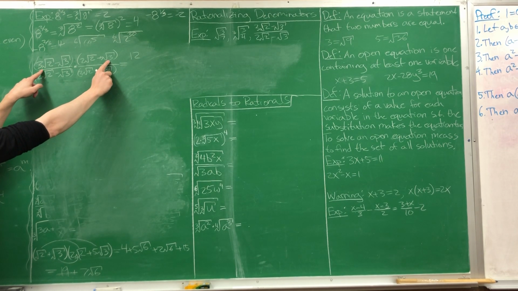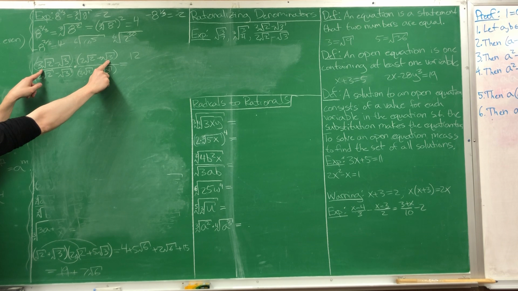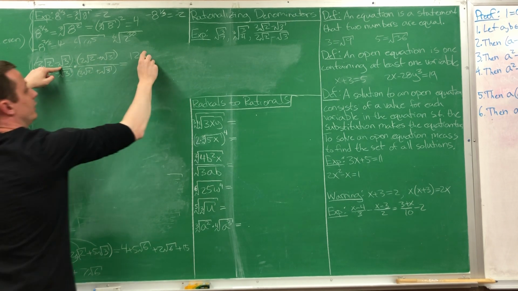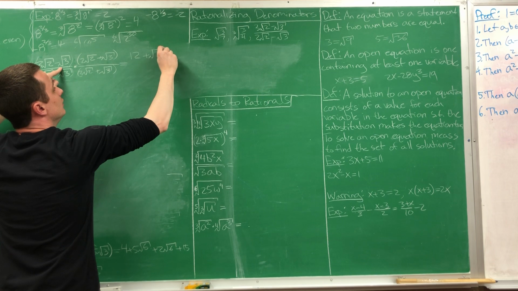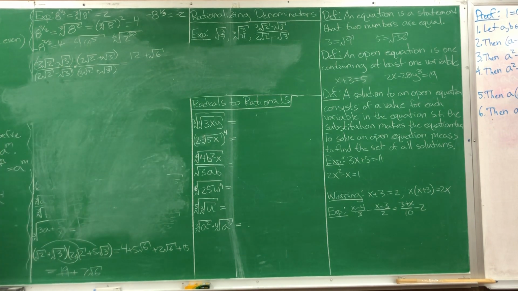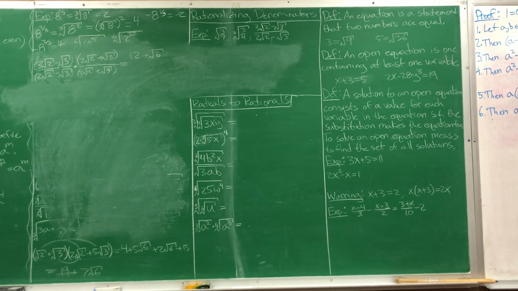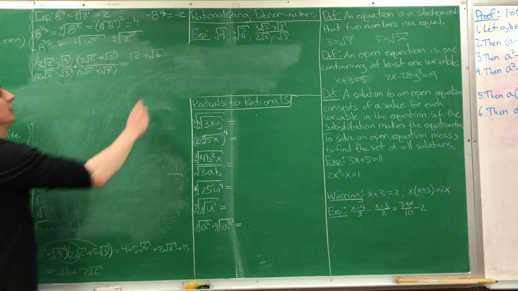This times this gives me 3 square roots of 6, but this times this gives me negative 2 roots of 6. So we're going to have 3 square roots of 6 minus 2 square roots of 6 gives me plus 1 square root of 6, right? Yeah. You follow that? And then negative square root of 3 times positive square root of 3 gives me negative 3.